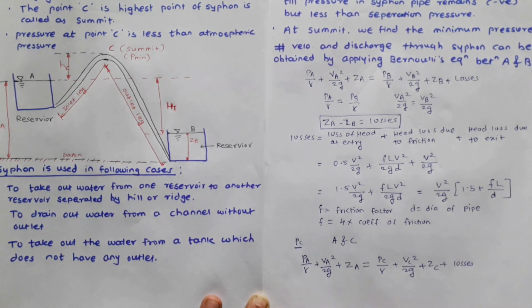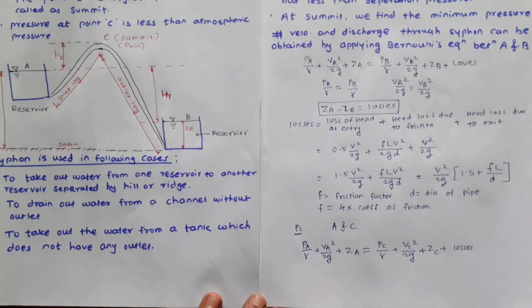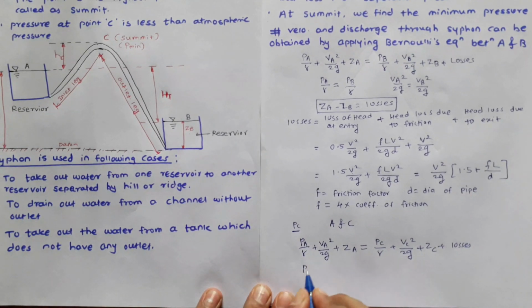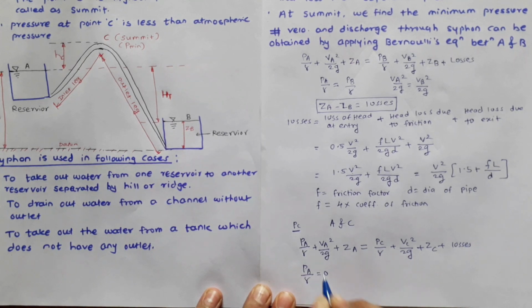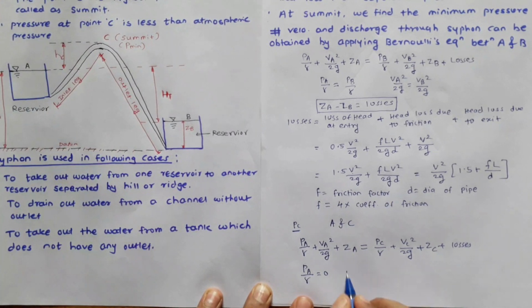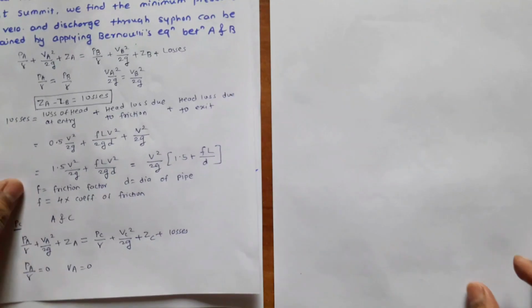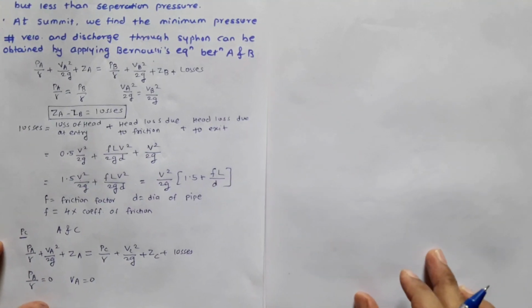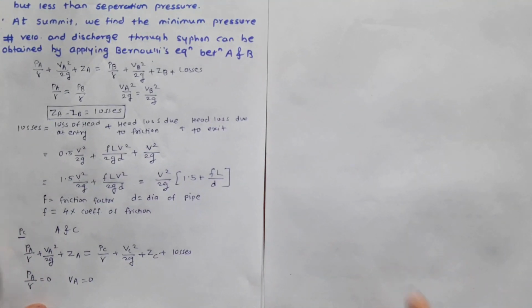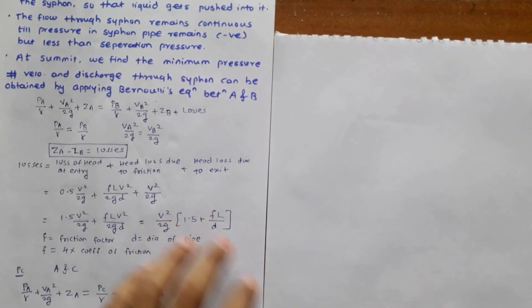Now, P_A by gamma is atmospheric pressure, so it is cancelled out. P_A by gamma is 0. The velocity at point A is 0, so V_A is equal to 0. Then simplify. After simplification, we will get a value of P_C by gamma. Now, we will calculate the loss first.